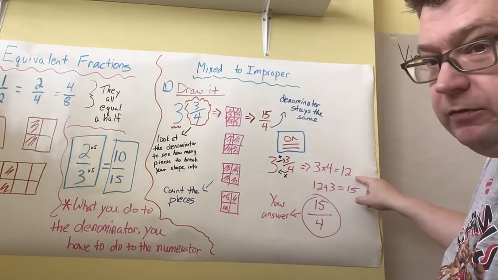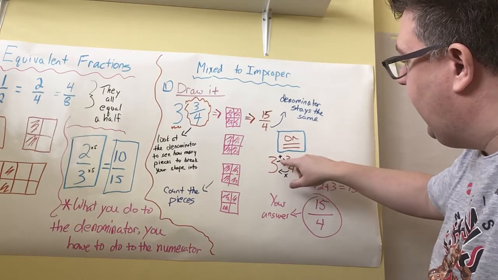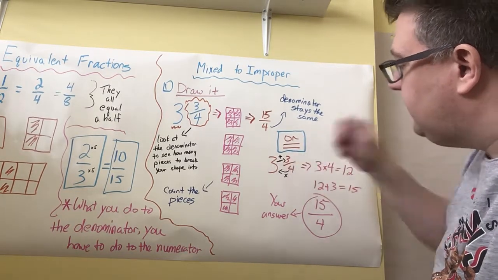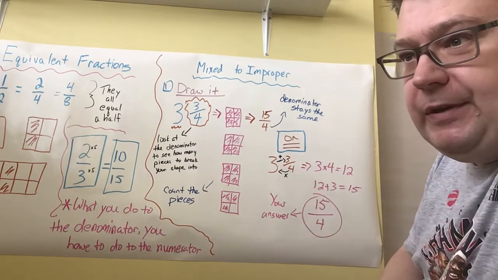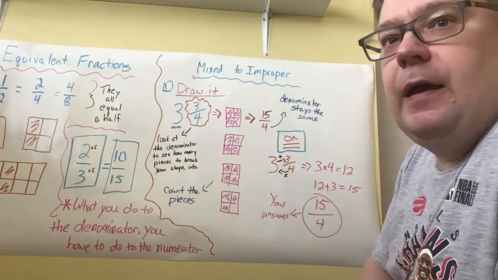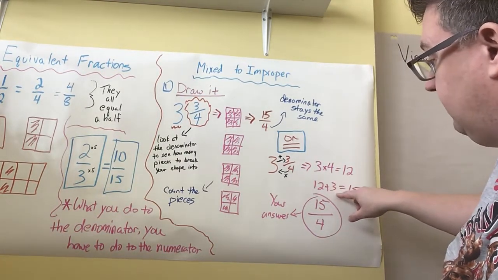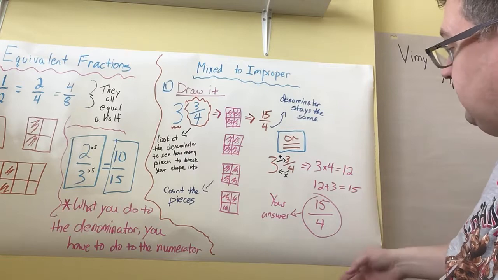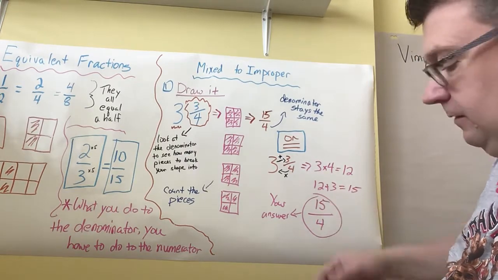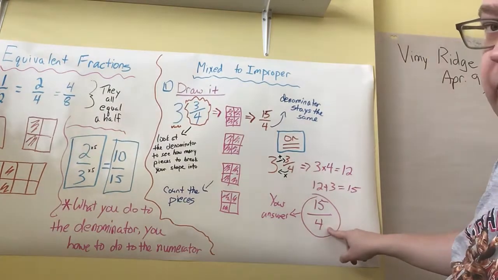So I've got 12. And now I take that answer and I'm going to add 3 to it because that's telling me how many extra pieces are shaded in. And 12 plus 3 gives me 15. So my answer is 15, and remember the denominator stays the same, so 15 over 4.